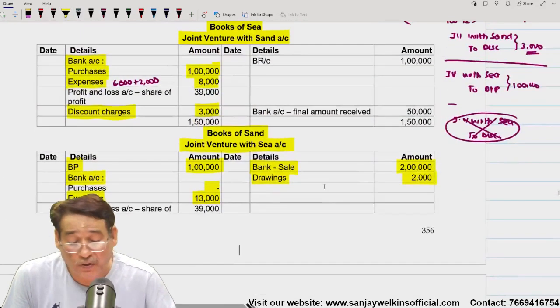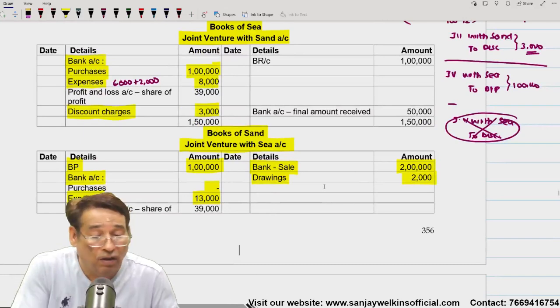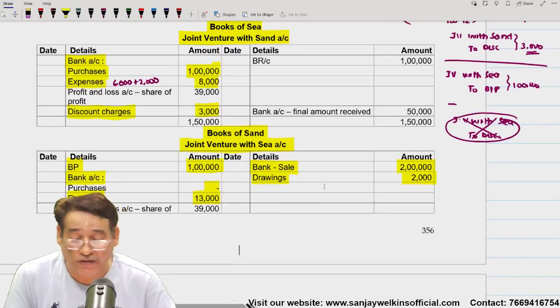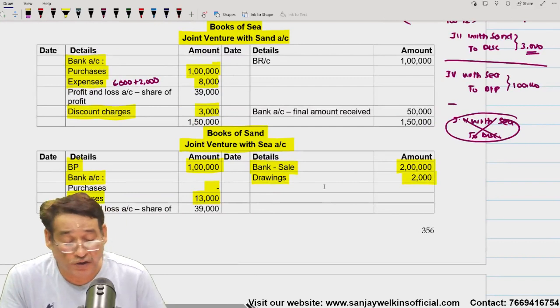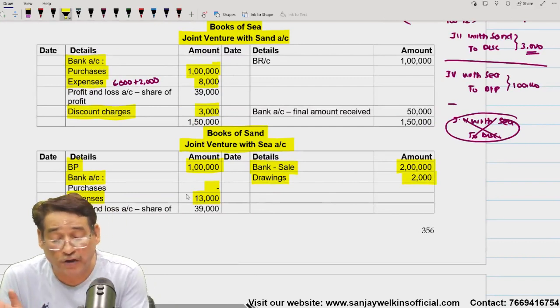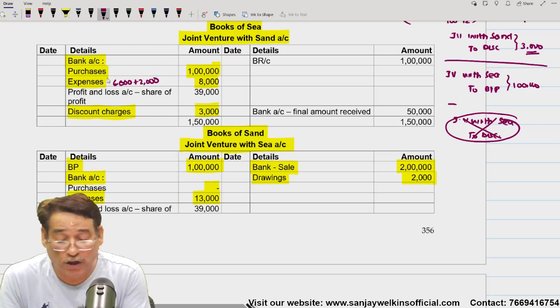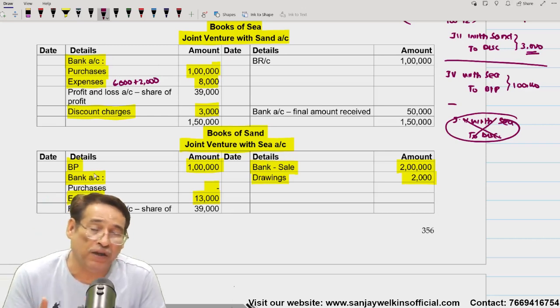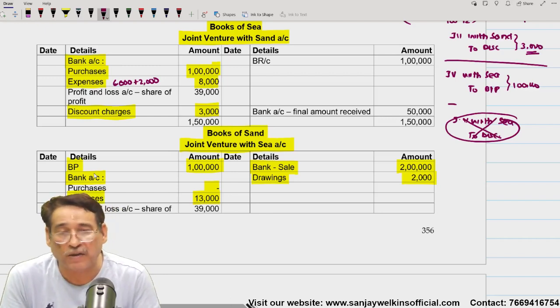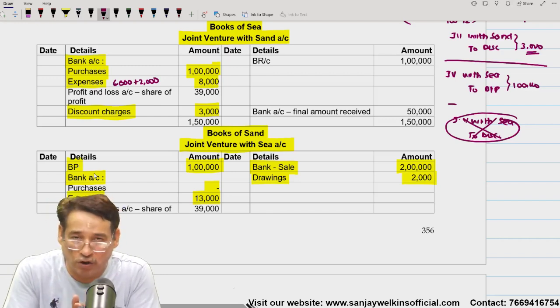Now, once you have incorporated all the transactions, you are going to prepare the memorandum joint venture account. In the memorandum joint venture account, I have already told you, whatever transactions have been incurred by the respective parties, all these transactions will be collated.